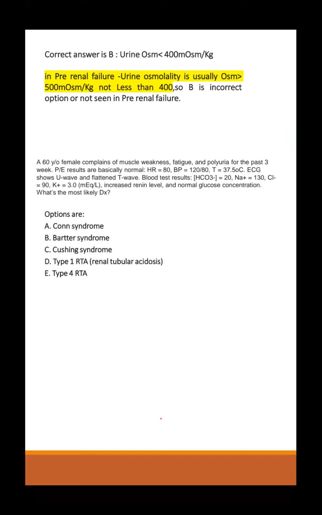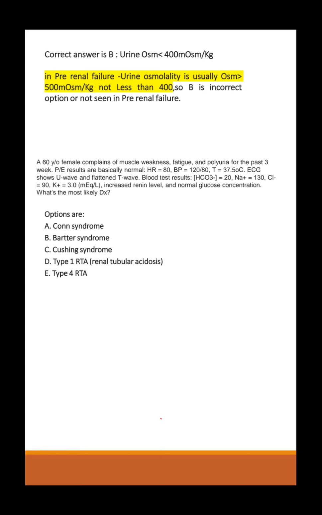A 60-year-old female complained of muscle weakness, fatigue, and polyuria for the past 3 weeks. Examination review result was basically normal. Heart rate 80, blood pressure 120/80, temperature 37.5.